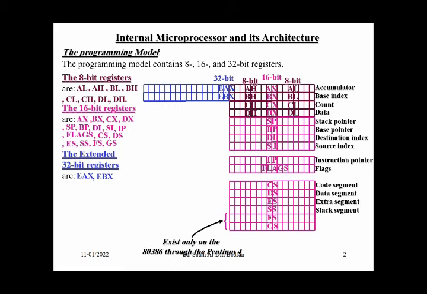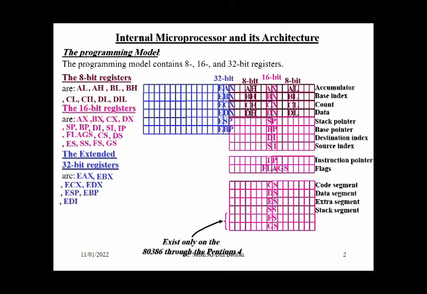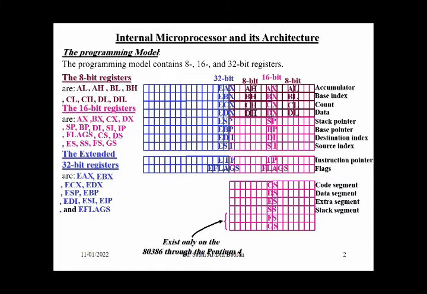EBX, extended base register, ECX, EDX, ESP, EBP, up to this one. All of these are extended, see these in blue, and these two, FS and GS registers, we find them in this version from 80386 up to Pentium 4.